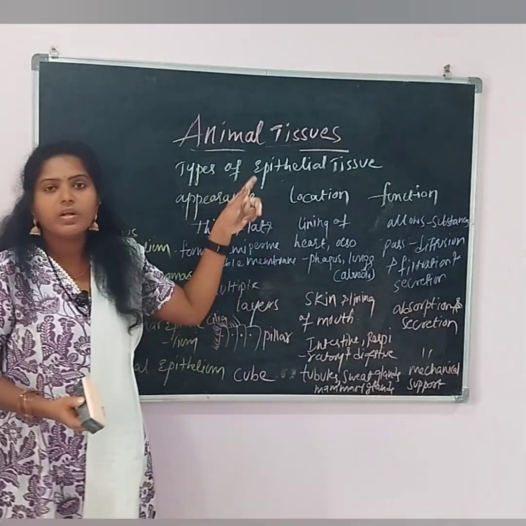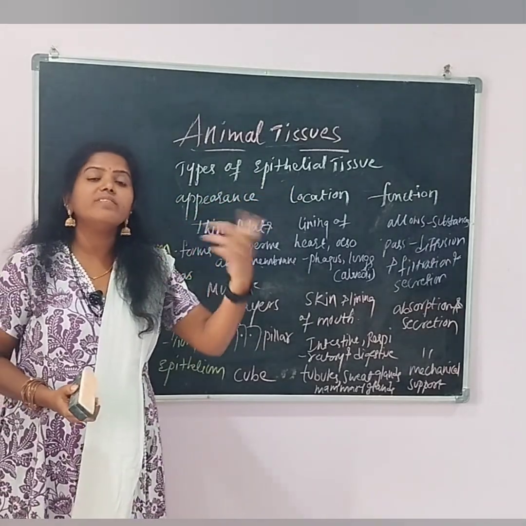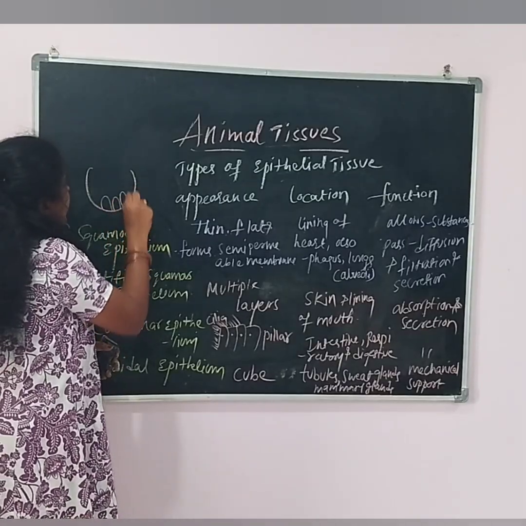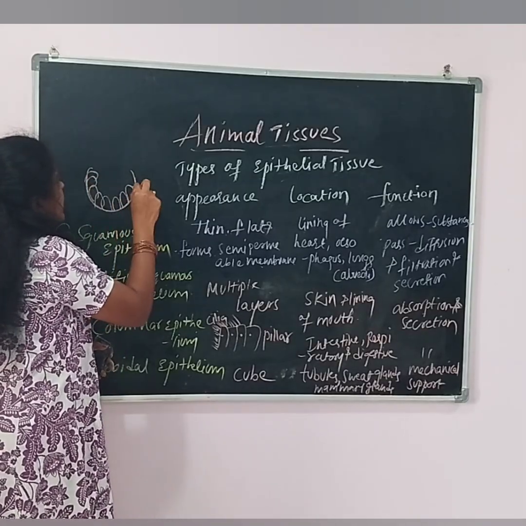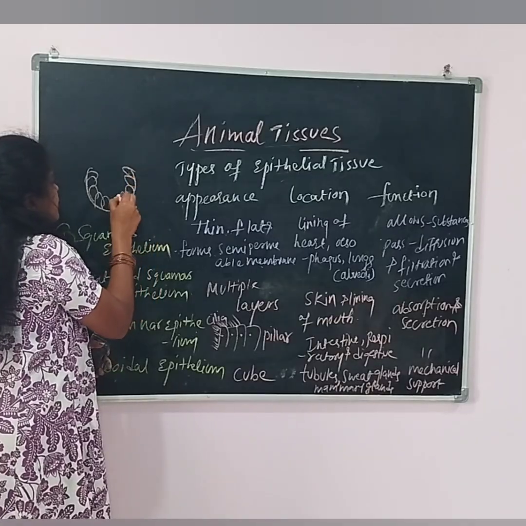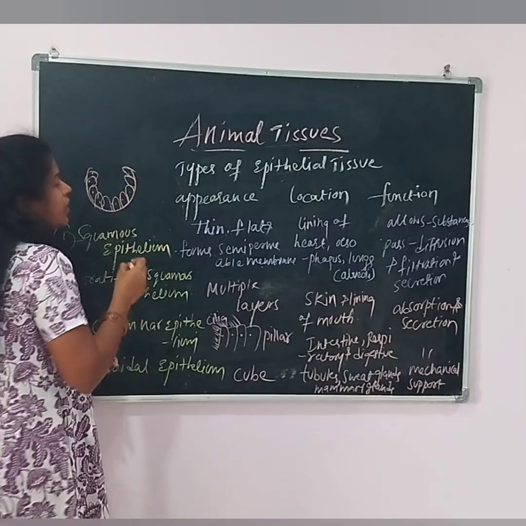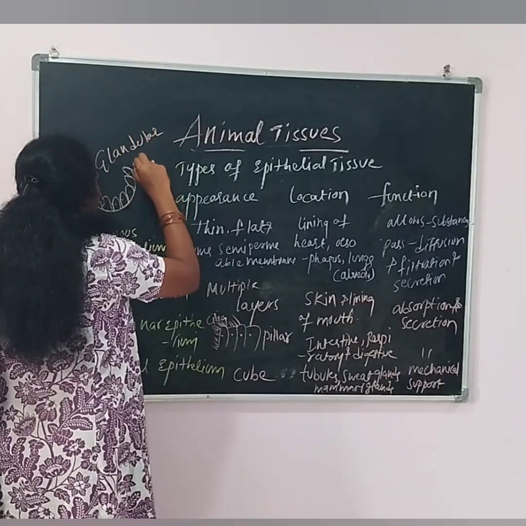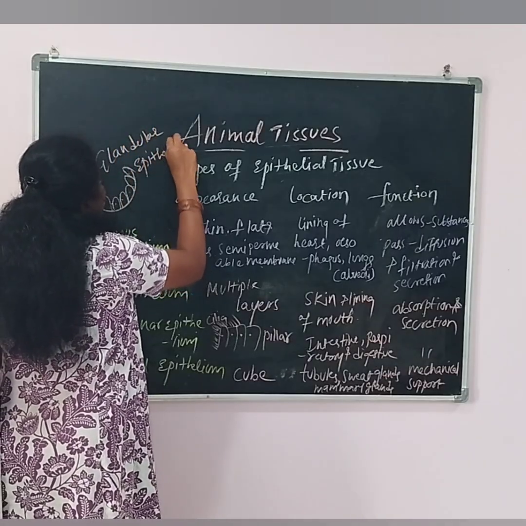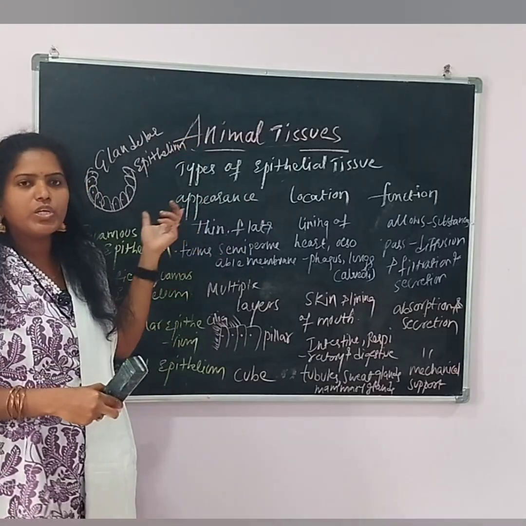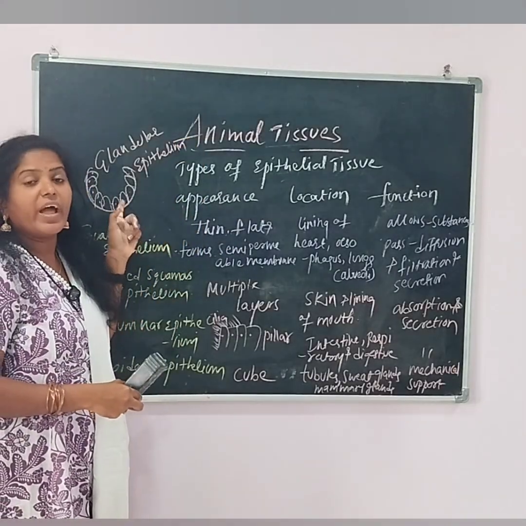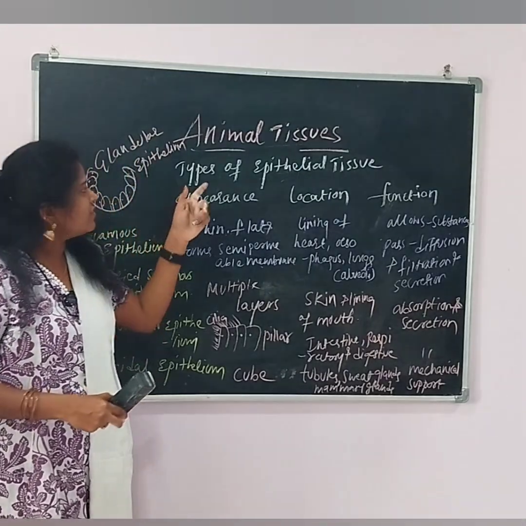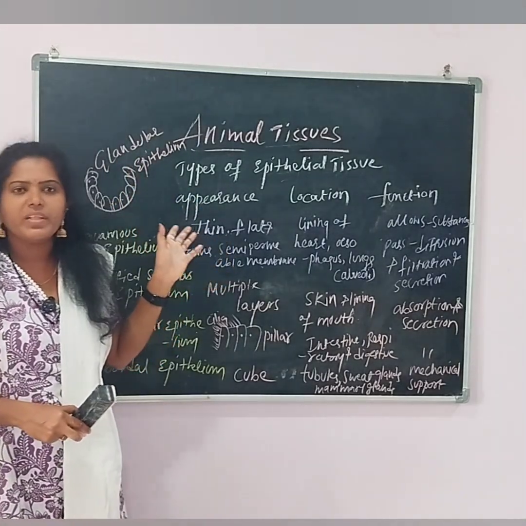This epithelial tissue folds inward and forms many layers like a gland. This inward folding is called the glandular epithelium. What is glandular epithelium? Epithelial tissue that folds inwards and forms a gland. This is all about the types of epithelial tissue.